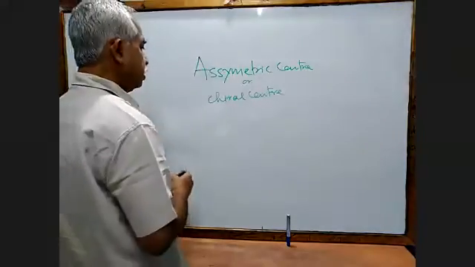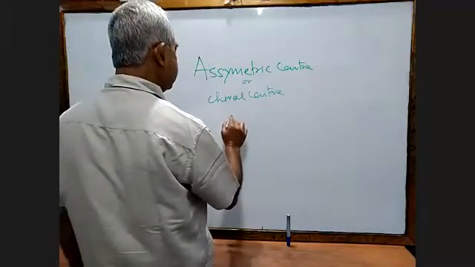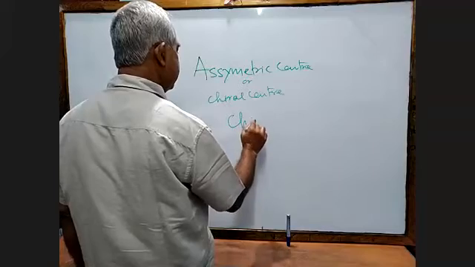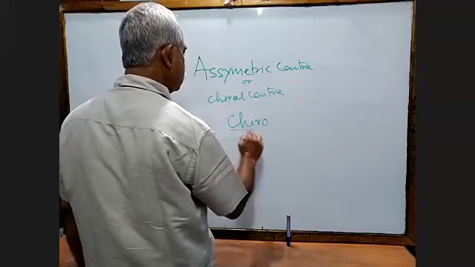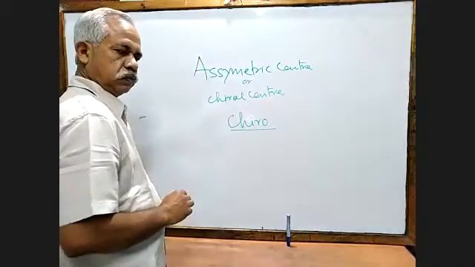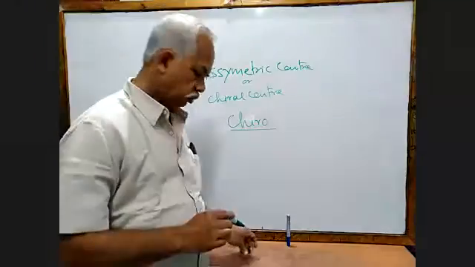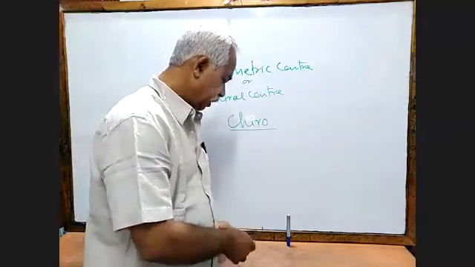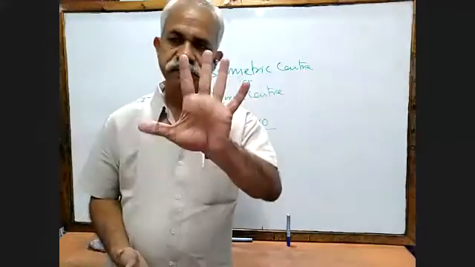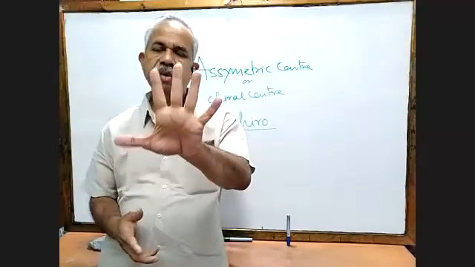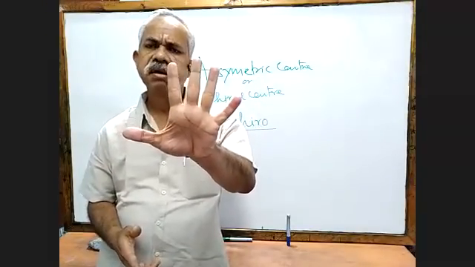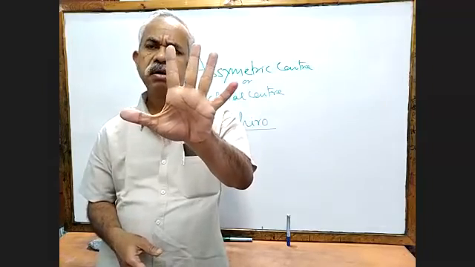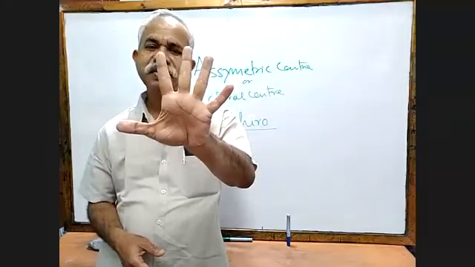This word chiral has originated from the word chiro. Now, what is chiro? See, look at this. How many fingers do I have here? Hello? Five. Very good in counting.